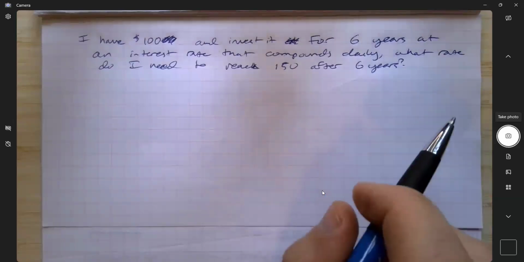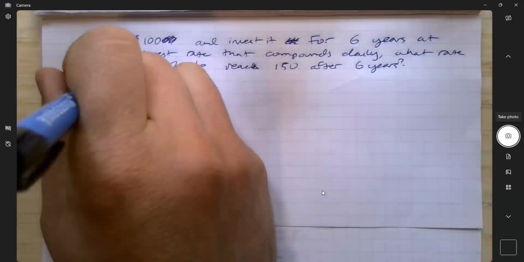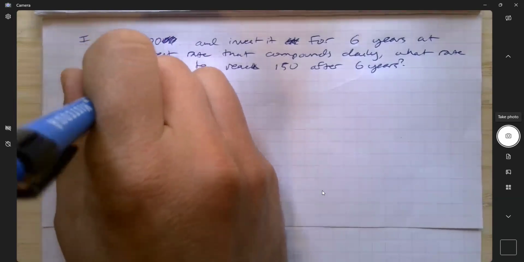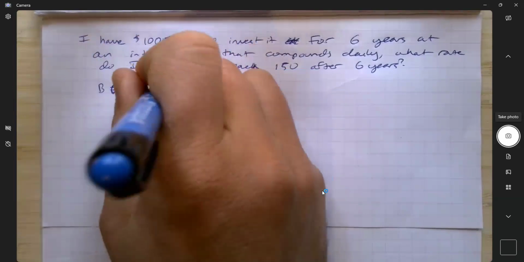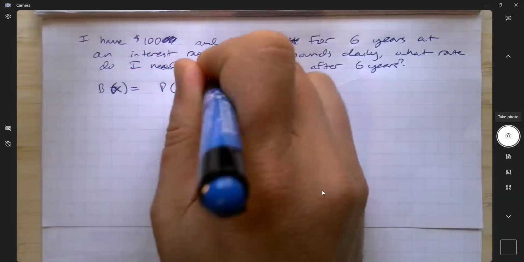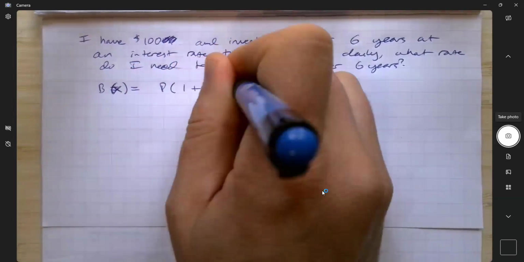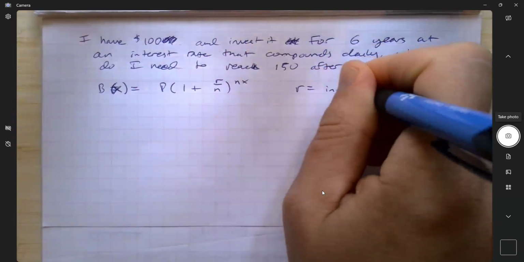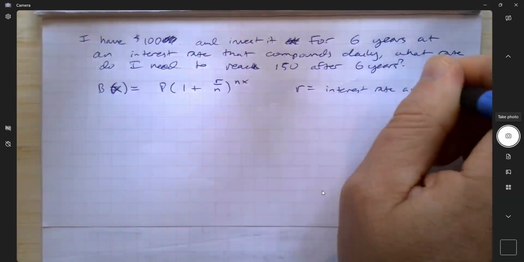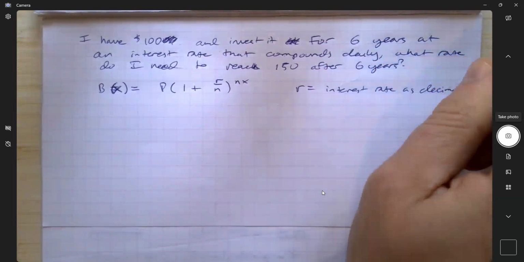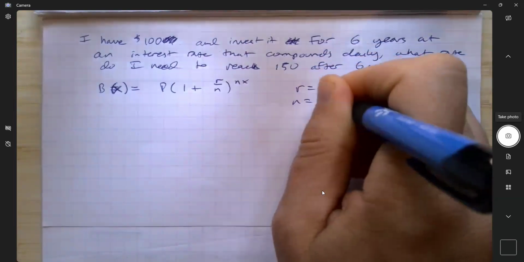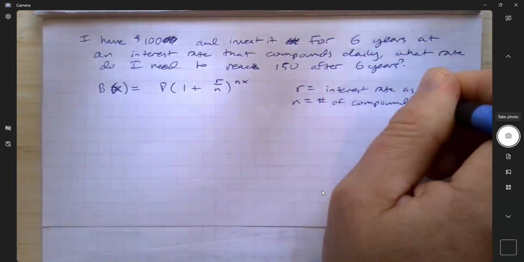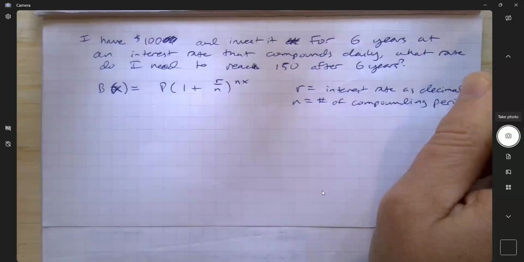So now let's set up our formula and just remind us that the balance at any time x is the principal times 1 plus r over n to the nx, where r is the interest rate as a decimal, and n is the number of compounding periods.